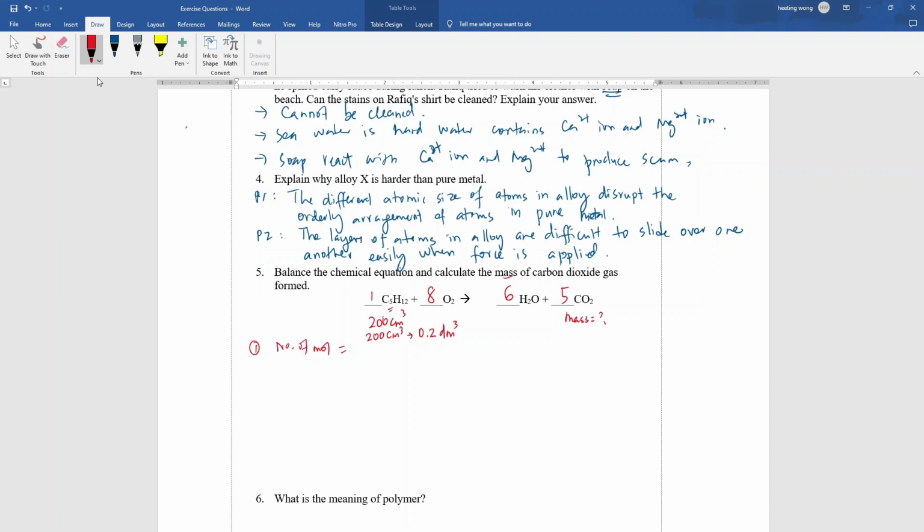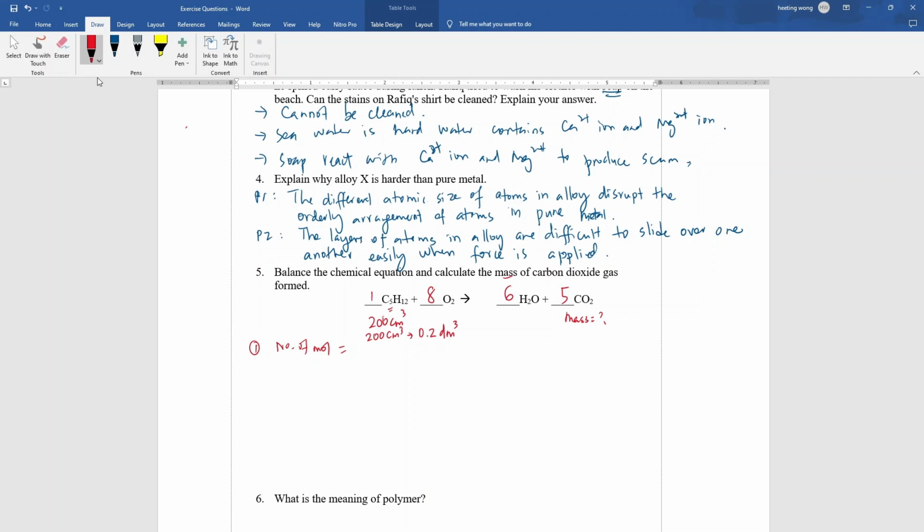Okay, so we use our calculator. 0.2 over 24, so you get 0.0083 mole.